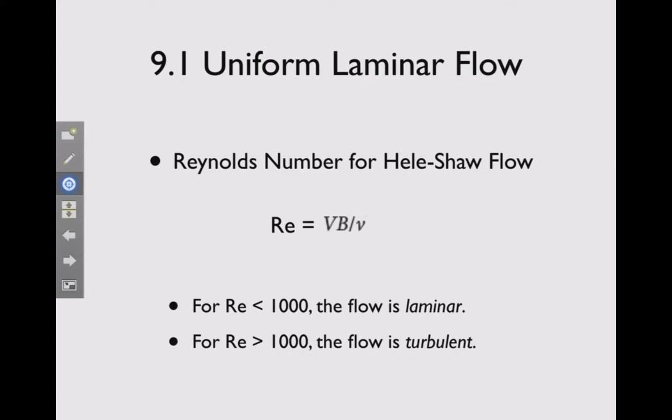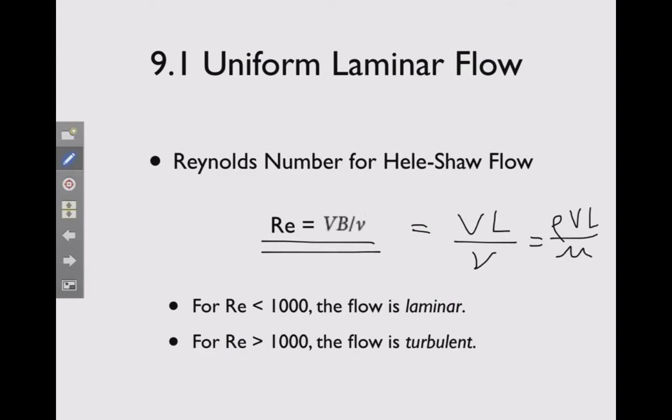The other thing that we should note is the Reynolds number, which we've seen before when we talked about dimensional scaling, is the velocity times b. Remember that, this looks a lot like the form we saw of the Reynolds number.